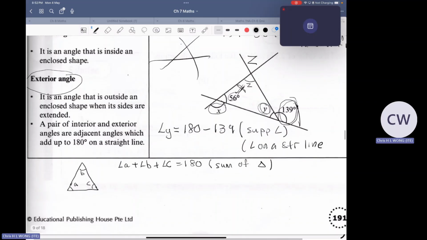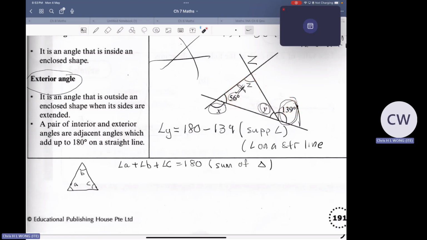That is why, now come back to this again. Can you see there's a triangle here? This plus this plus this must give you 180, right? If this plus this gives you 180, these two must be equal. Make sense?